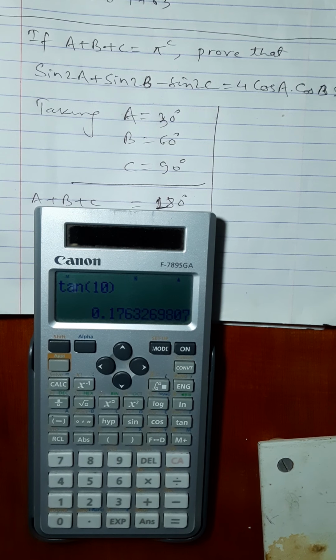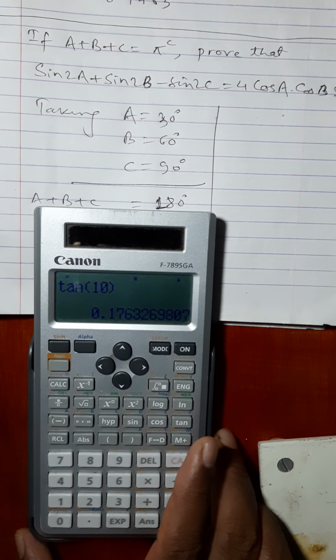So these values of A, B, C we can put in the left hand side, which is sine 2A plus sine 2B minus sine 2C.